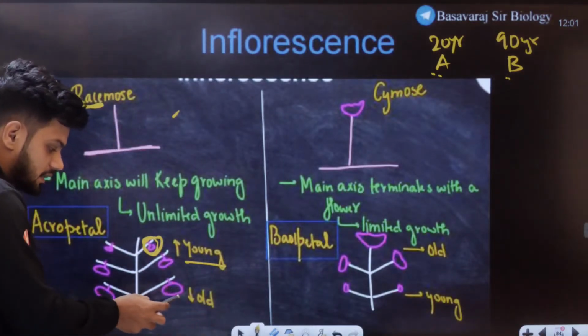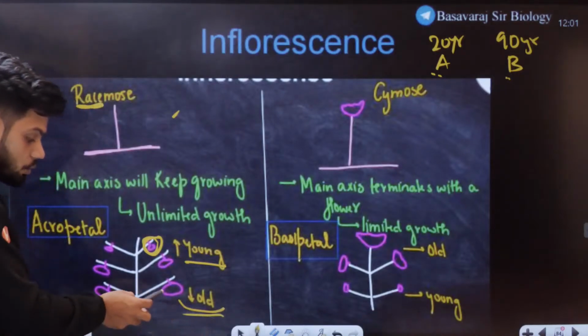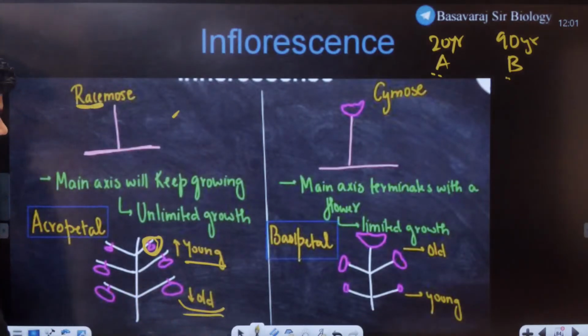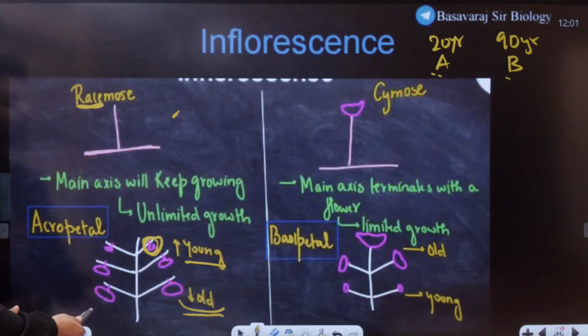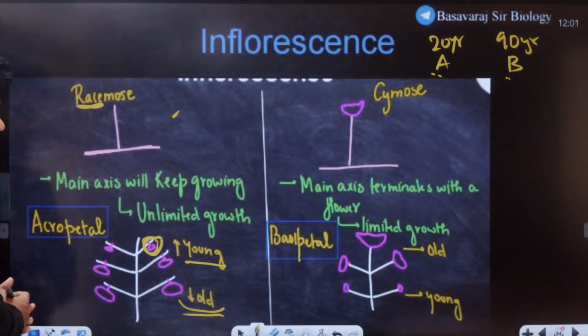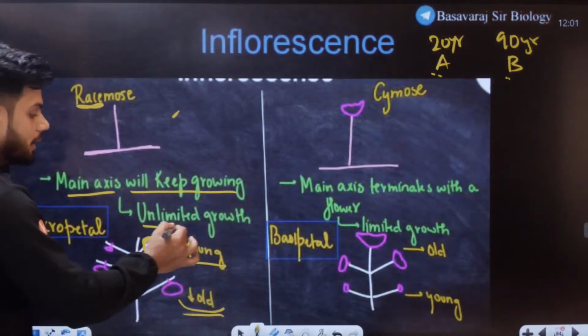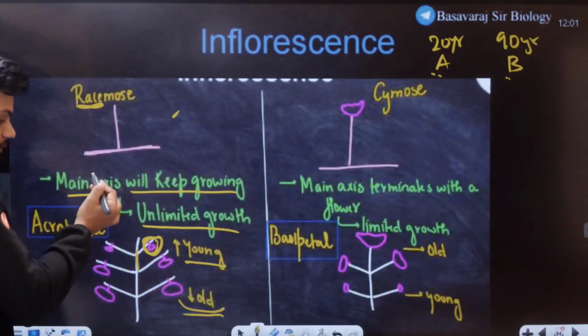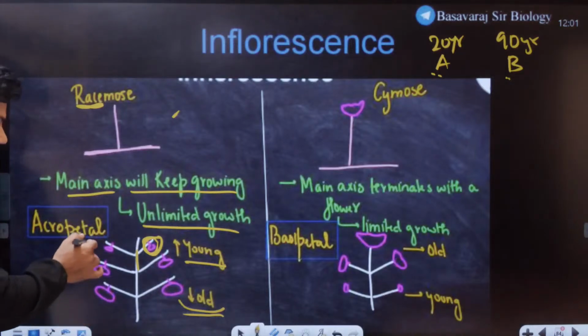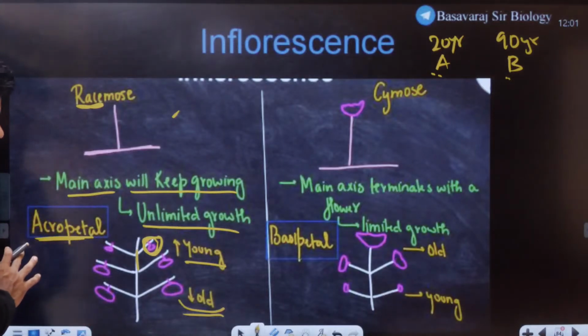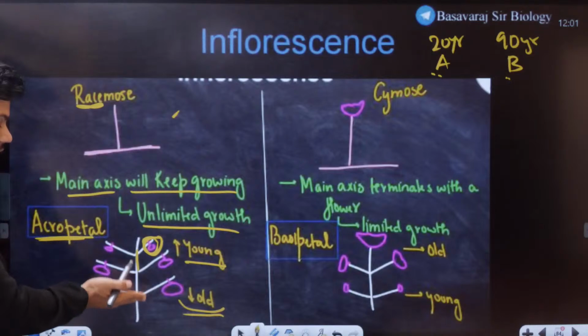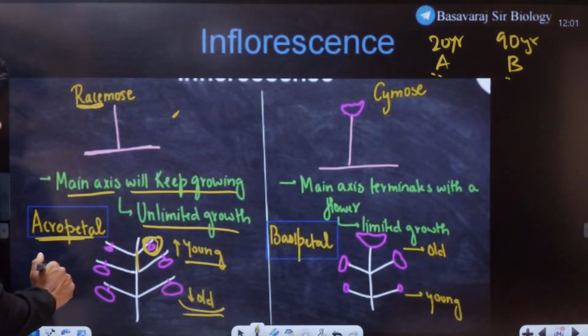Old flower is at the bottom. Young flower is at the top. That is called racemose inflorescence. Here, the main axis will keep on growing. Unlimited growth. It is an acropetal arrangement. Acropetal means young at the top, old at the bottom.